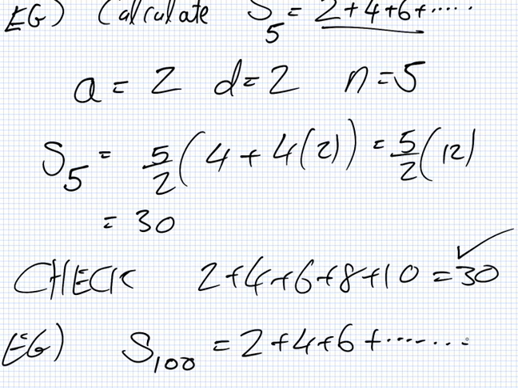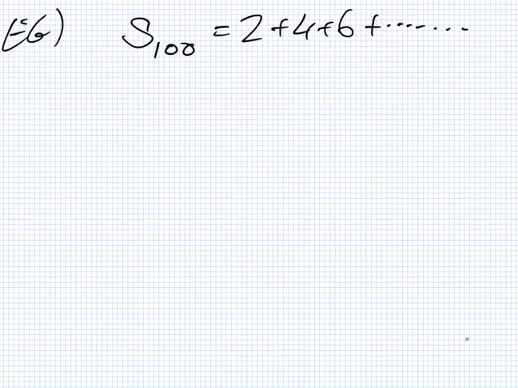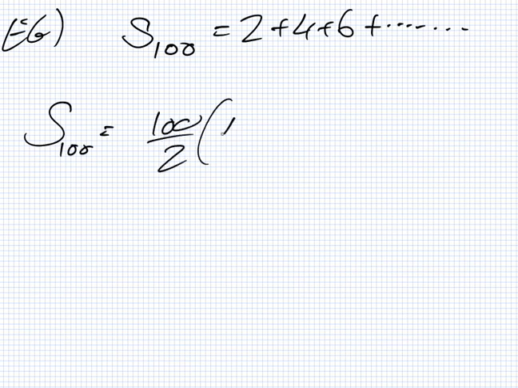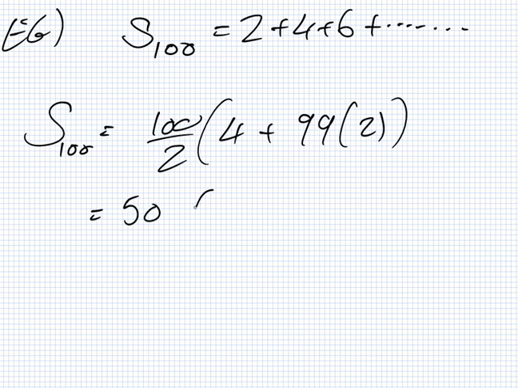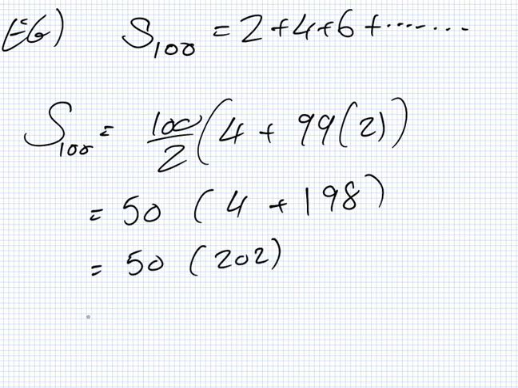So let's have a look. The sum of the first 100 numbers: n over 2, 2a plus n minus 1 times d. So that would be 50 times 4 plus 198. That would be 50 times 202.